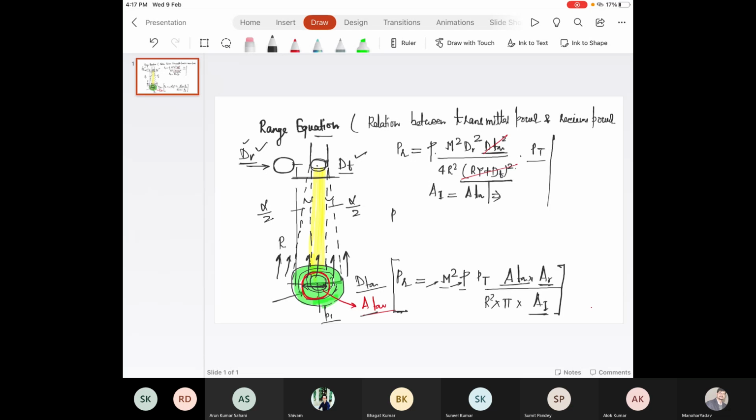Okay, and in that case power received at the receiver is equal to rho m square, this is receiver area, divided by pi r square into pt.